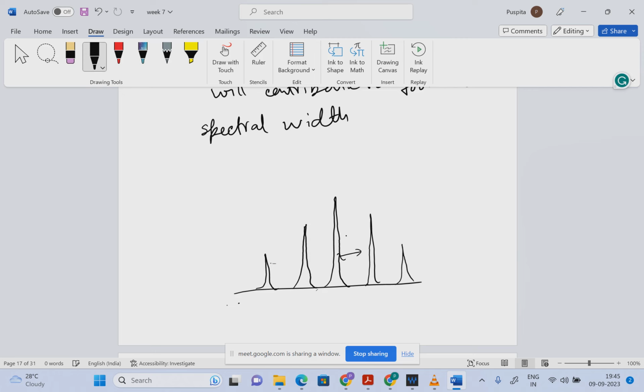This gap is 1500 megahertz, and this is 6 into 10 to the power 14.